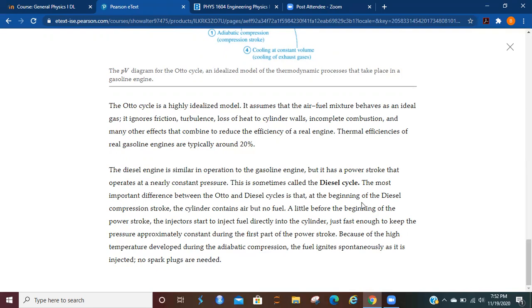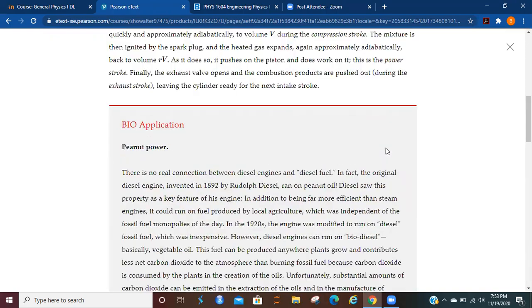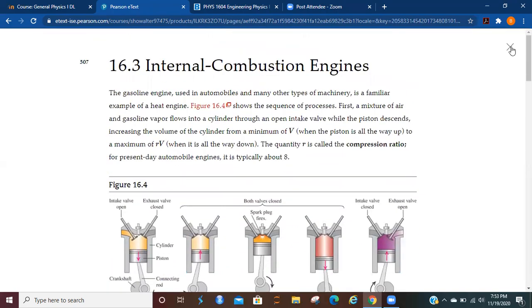A little before the beginning of the power stroke, the injectors start to inject fuel directly into the cylinder, just fast enough to keep the pressure approximately constant during the first part of the power stroke. Because of the high temperature developed during the adiabatic compression, the fuel ignites spontaneously. In other words, no spark plugs are needed. You don't need anything to ignite it. I thought that was kind of cool.